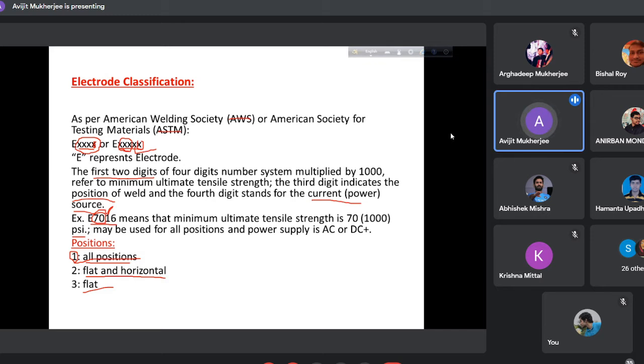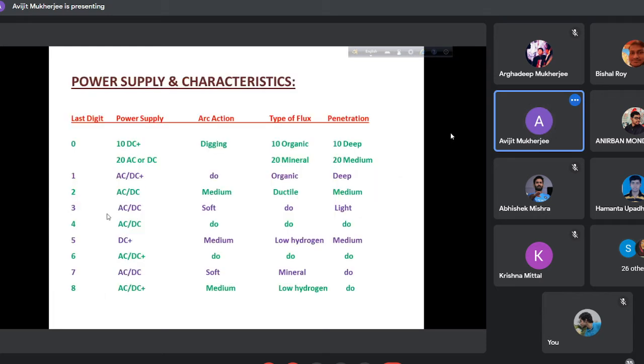What type of power source, whether it is DC or AC. If it is DC, whether it is connected with positive terminal or negative terminal. So that is about the detail of power source. And in this regard, you must follow a table, that is power supply and characteristics.